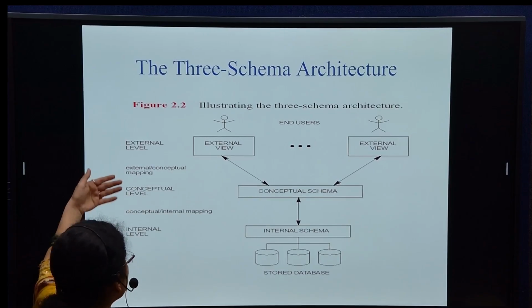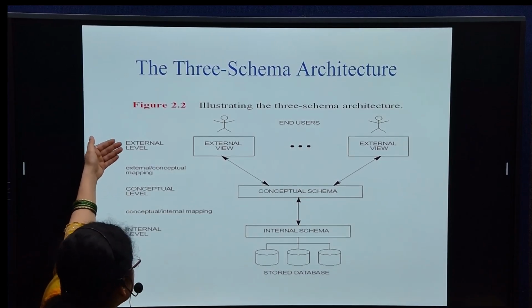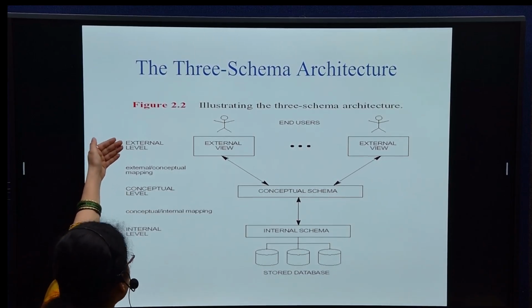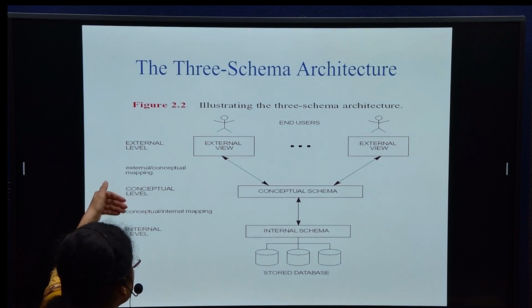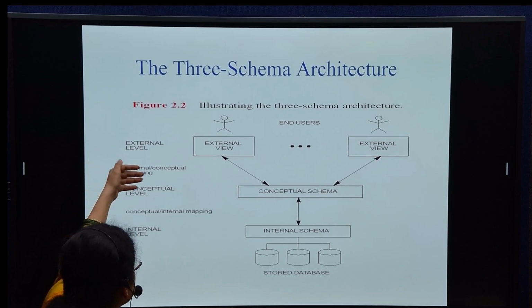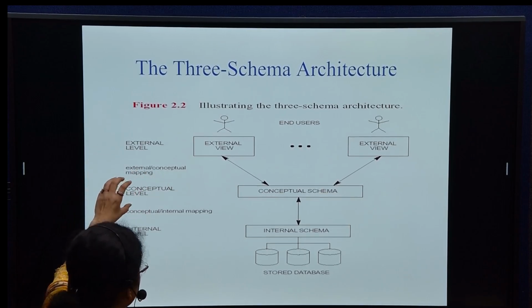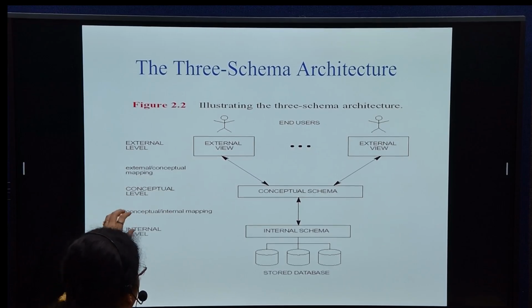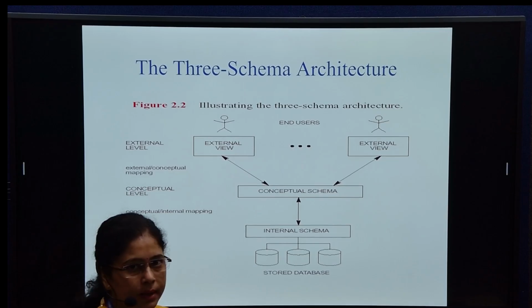And there are also the levels of the database data model: external level, conceptual level, and internal level. In the conceptual level, the external conceptual mapping will be implemented, and in the internal level, the conceptual internal mapping will be shown.